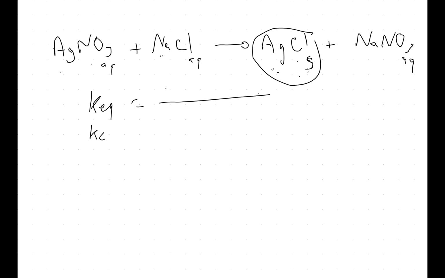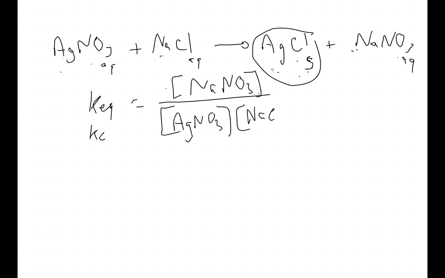Here we have only the concentration of sodium nitrate over the concentration of silver nitrate times the concentration of sodium chloride. This is how we write the equilibrium constant. Our lesson is not about writing the equilibrium constant, because we already did that last week, and I expected you to know.